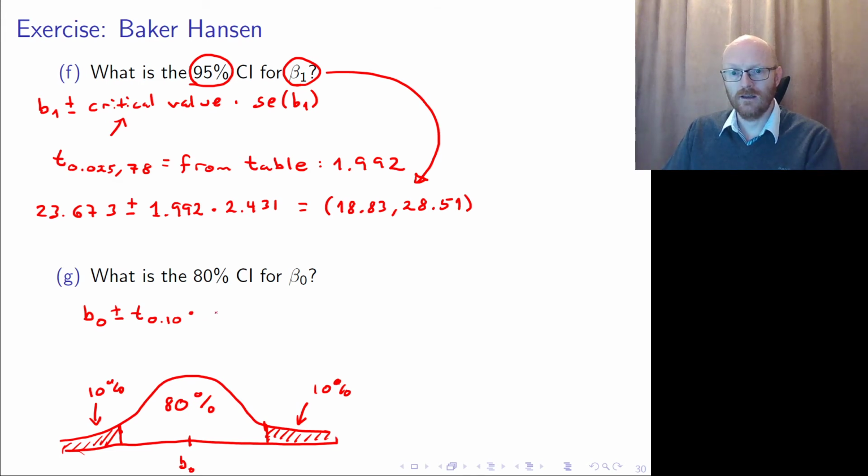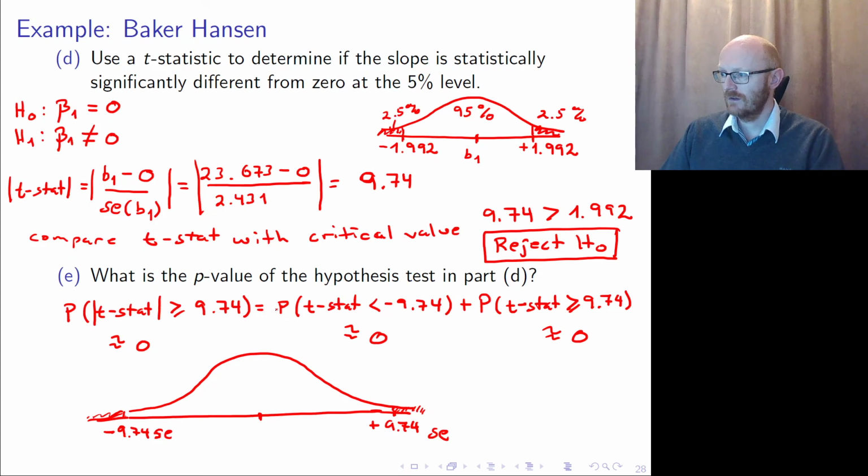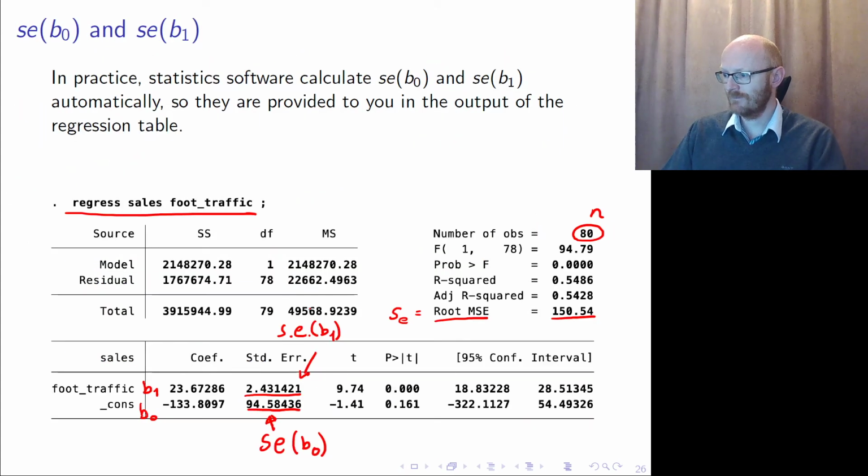multiplied by the standard error of our coefficient, and from our result from Stata, we have the coefficient value.